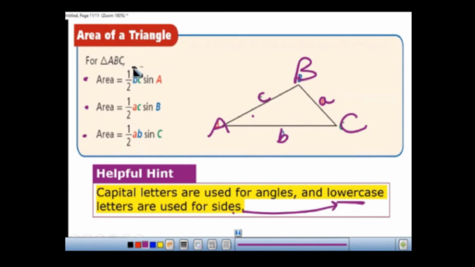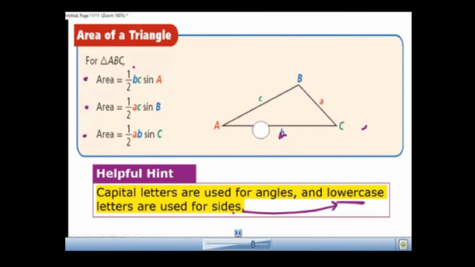If you're given side B and side C, then the angle in between them has to be different than B and C. In this triangle, let's say the first example, you're given side B, and you're given side C. See that?